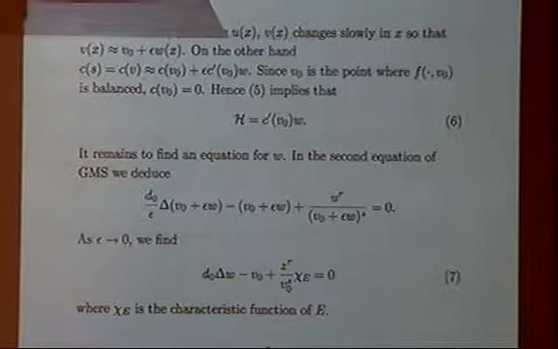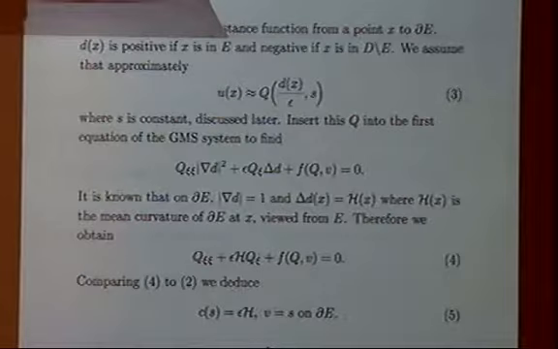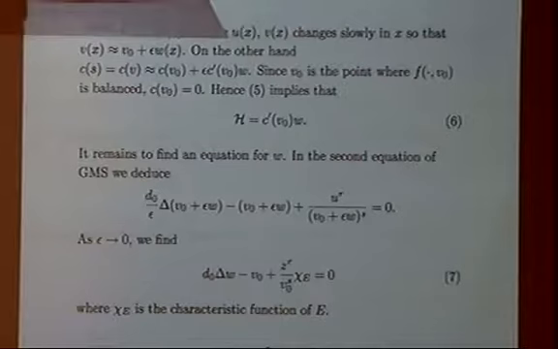Therefore, C of S now is approximately epsilon times C prime at V0 times W. And you compare this to the other side, epsilon H. You find that H, the mean curvature, has to be equal to C prime at V0 times W.